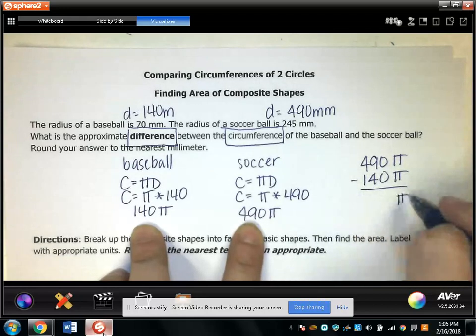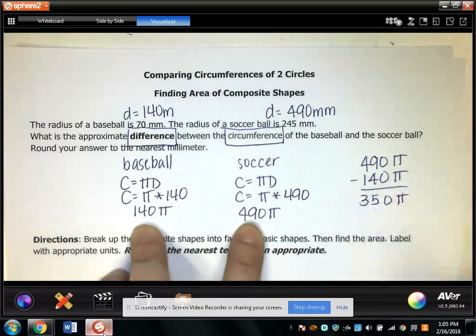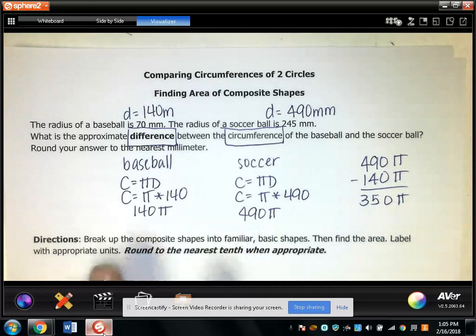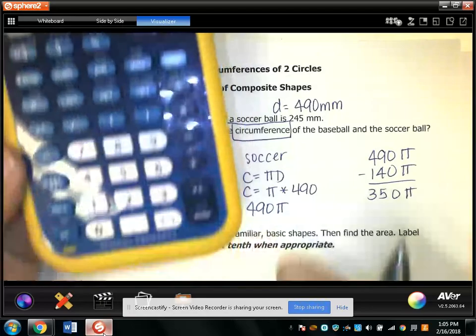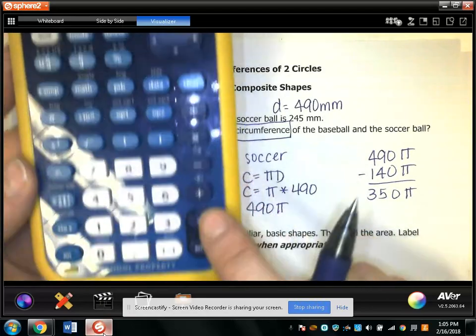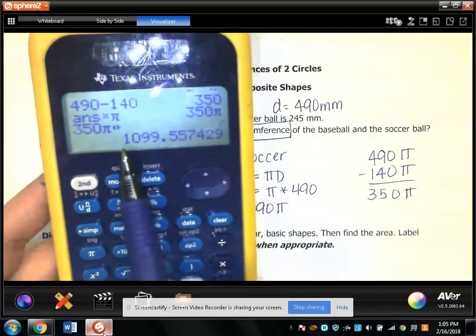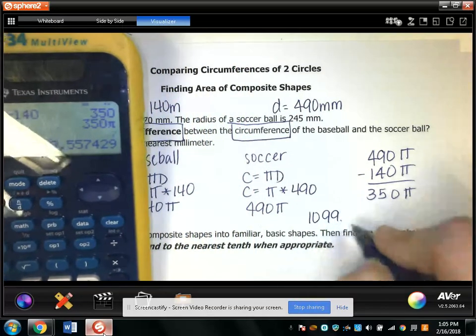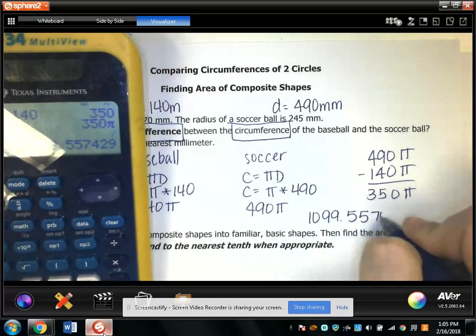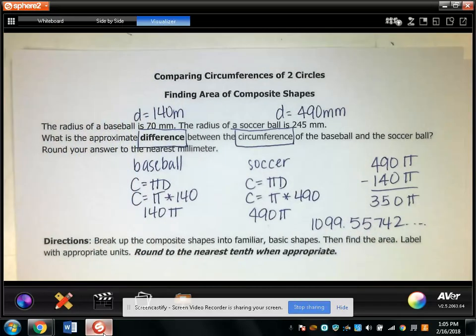And I get 350 pi. Then I'm going to plug that into my calculator. So here I go, 350 times pi. And remember that you might have to hit this button to turn your answer into a decimal. I'm going to write down all of the digits that are on my calculator before rounding them, except the last digit.